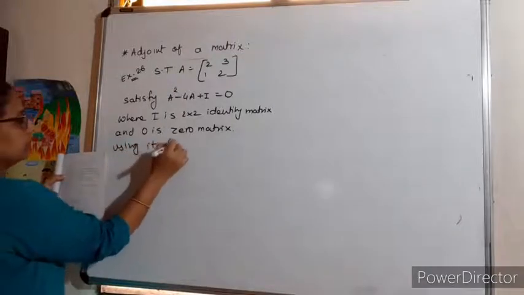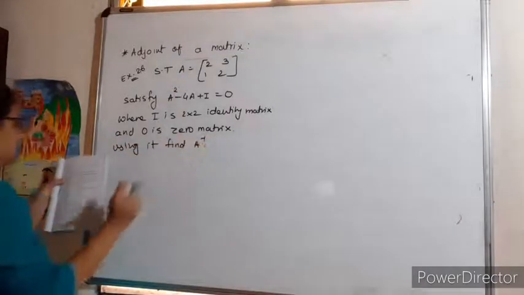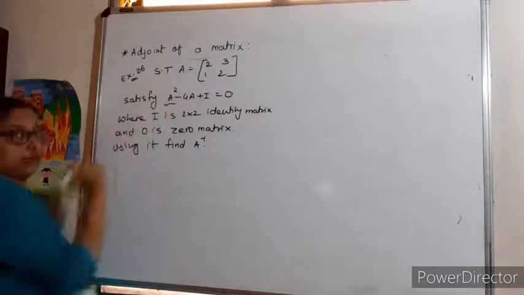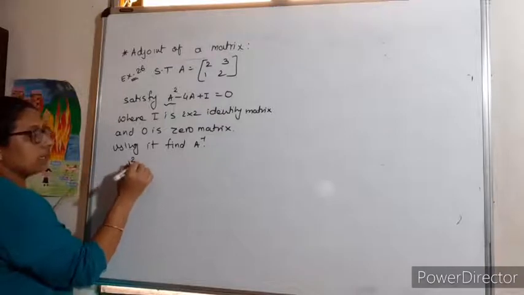Using it, find A inverse. Okay, so now A is given. First we will find A square.